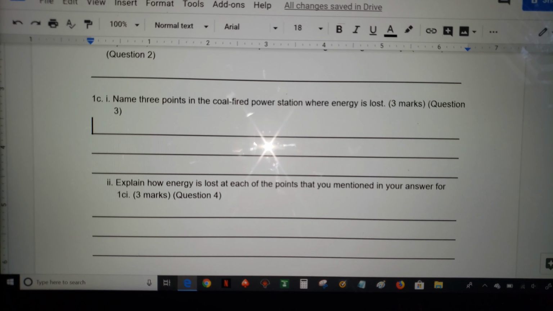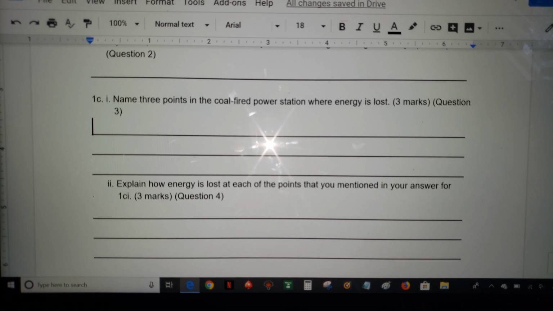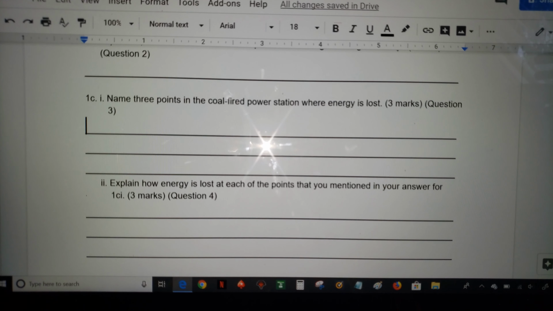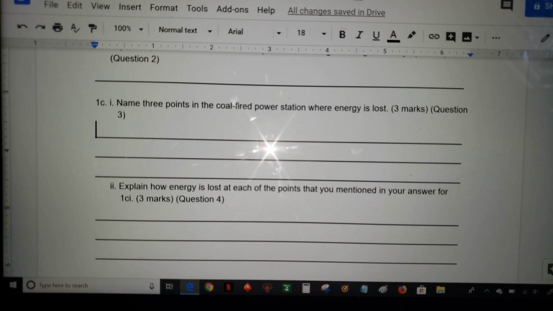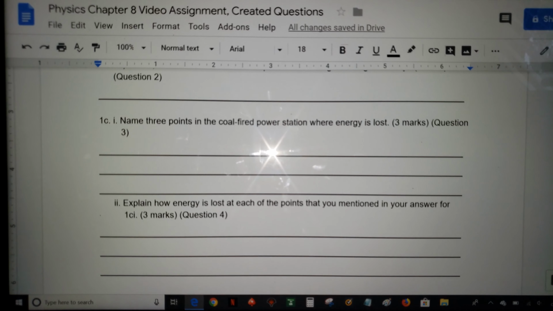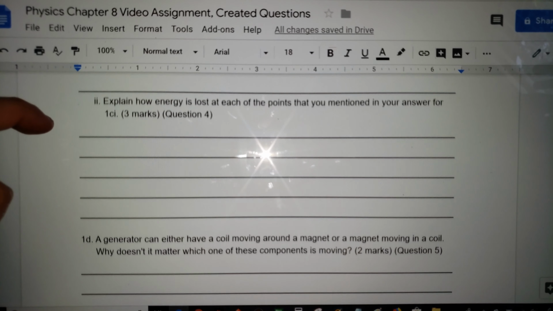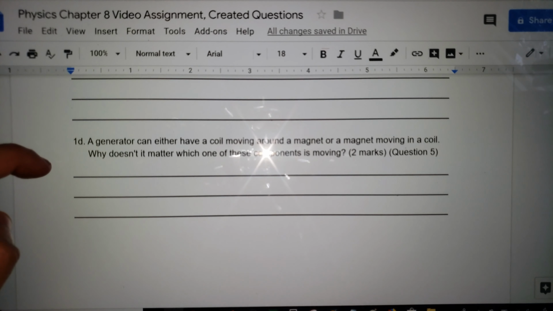And 1C2, explain how energy is lost at each of these points. And those are both on 276 in this section on the coal-powered burning power station.